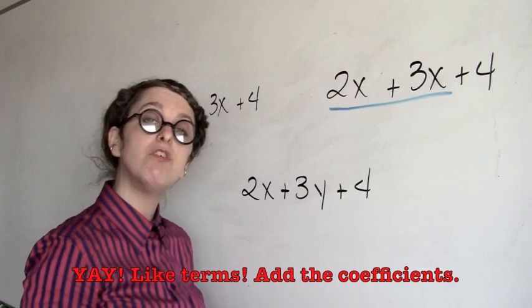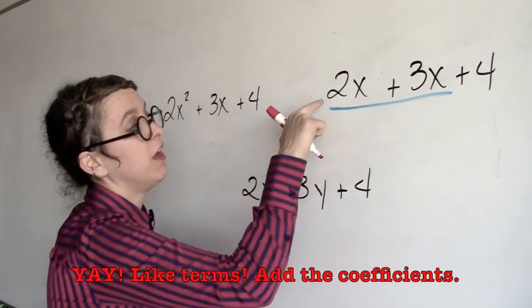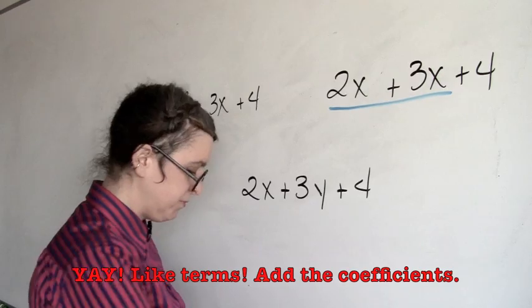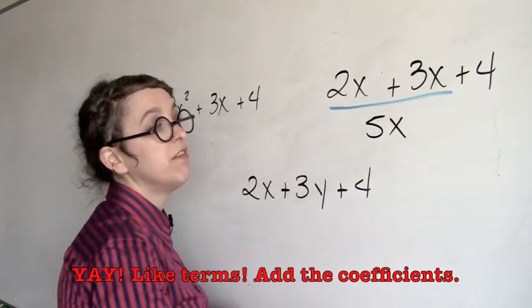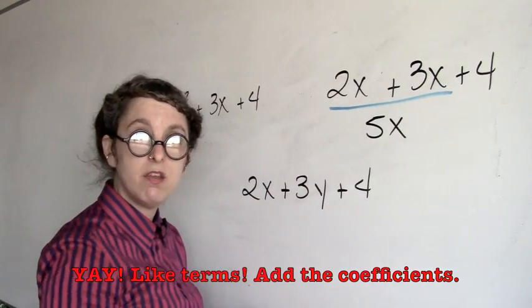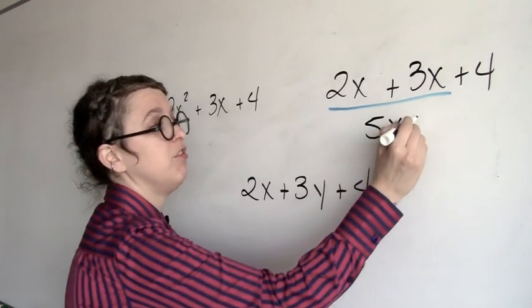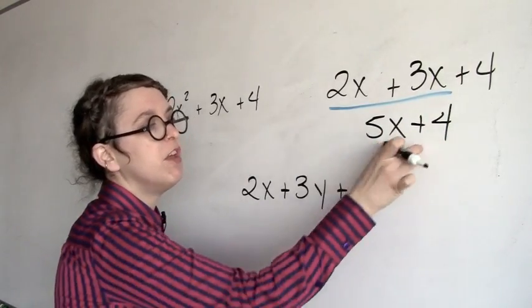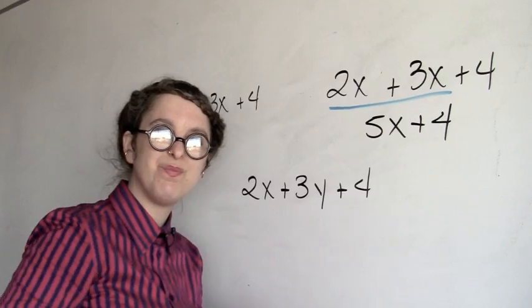So remember that a numerical coefficient is a number stuck to a letter. So I'm going to take a 2 and a 3, add it for a 5. The x stays the same. This 4 over here is a lone constant. We cannot combine it with anything because it doesn't have an x attached to it. So as simple as we can make this expression is 5x plus 4.